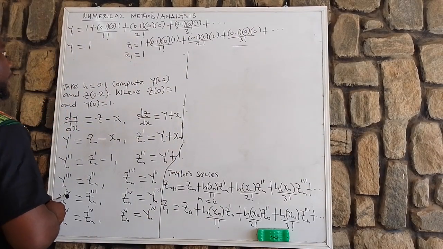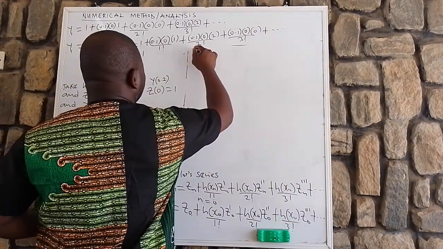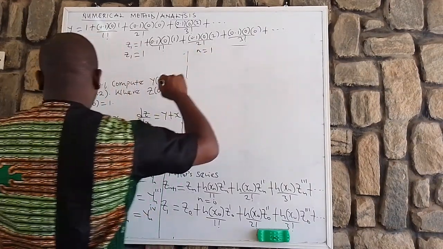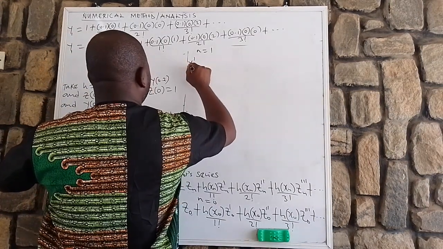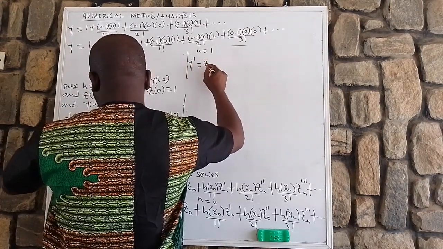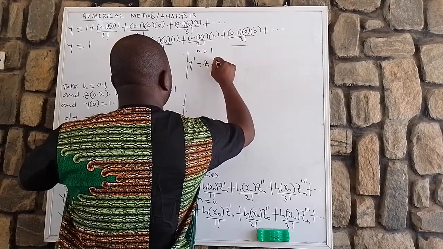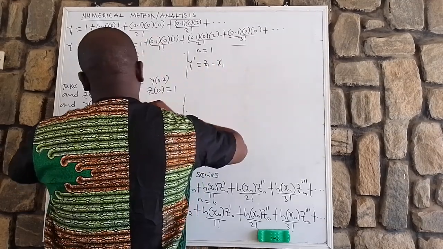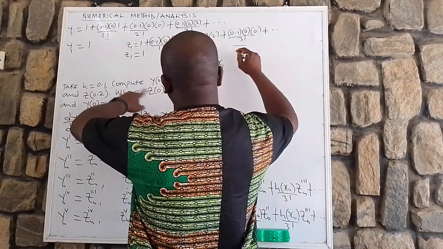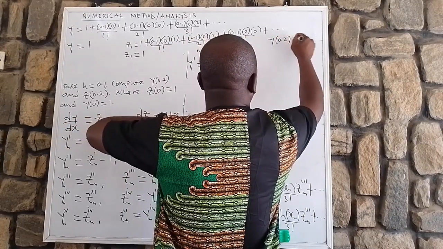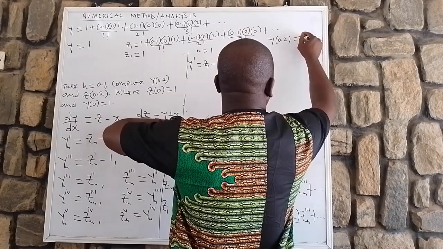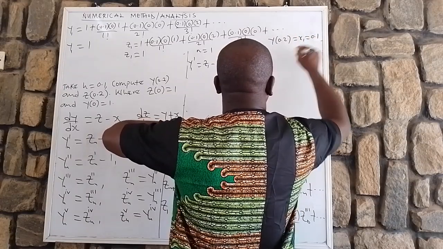So when n is 1, y prime 1 is equal to z1 minus x1. Since we want y of 0.2, this implies that x1 is equal to 0.1.